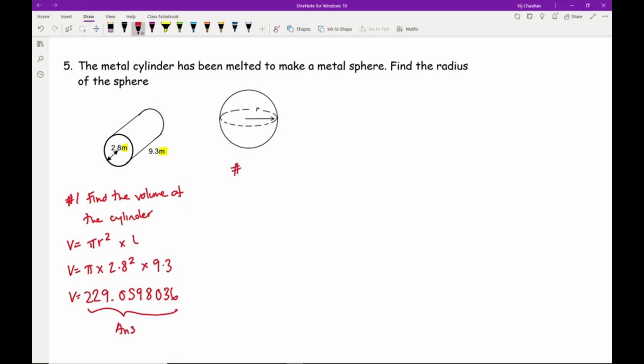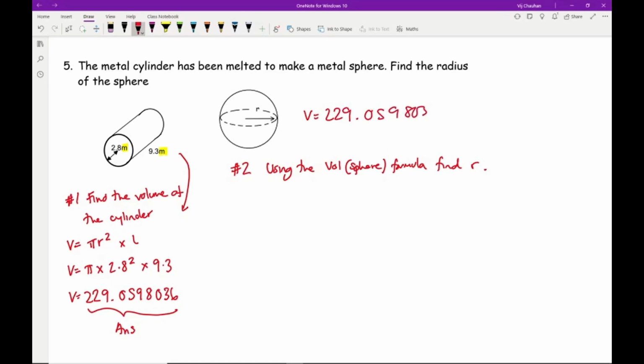Now step 2, what we then need to do is, using the volume of a sphere formula, find r. So now all of a sudden, from working out the volume of a cylinder, it turns into a reverse question where I know that the volume is 229.0598036.